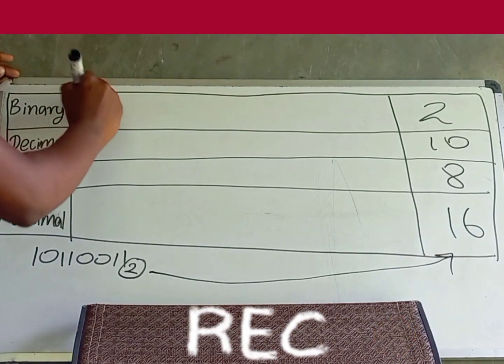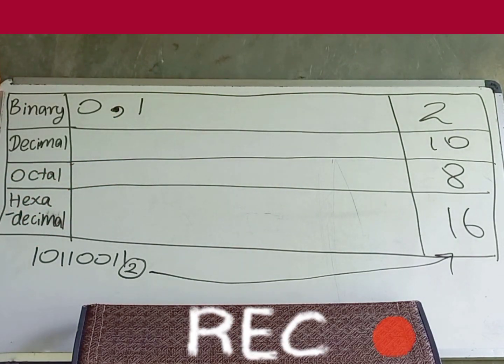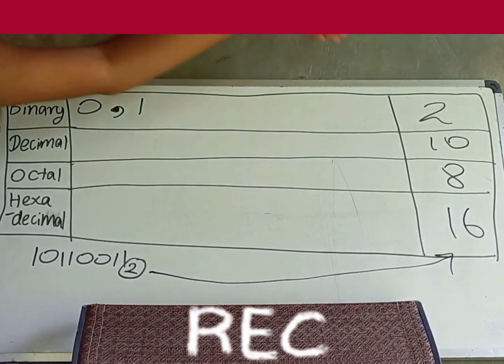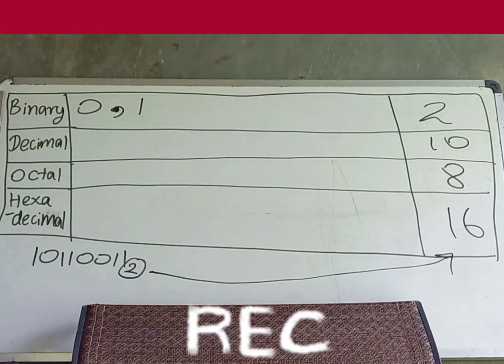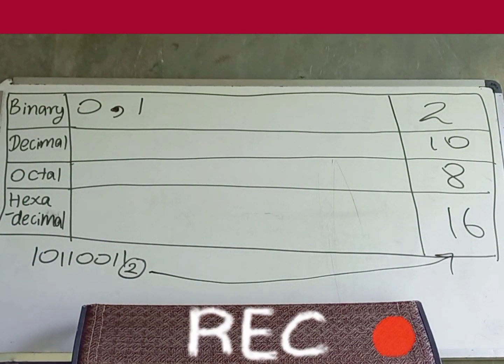That means when you take the symbols of the binary number system, there are only 2 symbols. So that is the base. Let us take 10 as the decimal number system's base.